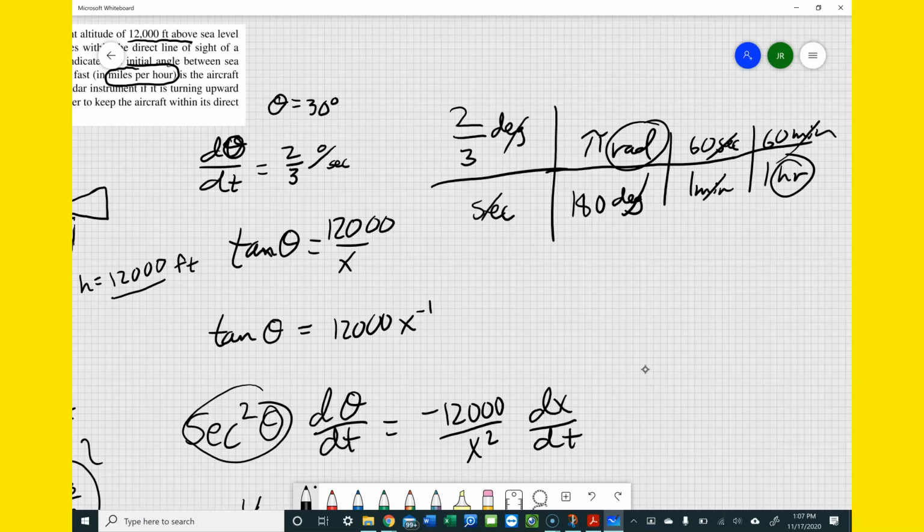2/3 times 60 times 60 divided by 180 equals 13 1/3. 13 1/3 is the same thing as 40 thirds.